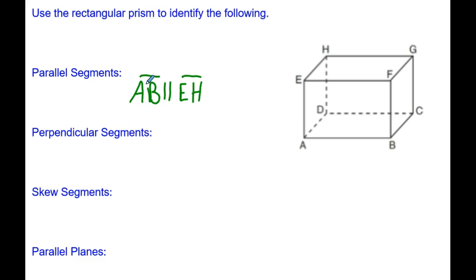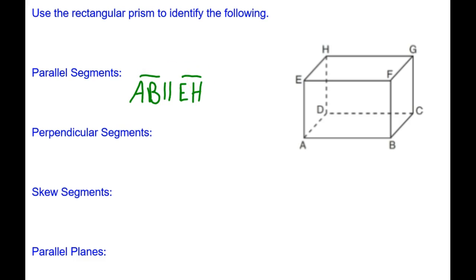If we were referring to two parallel lines, for instance, if EH extended in both directions and AD extended in both directions, then our notation would be a line with two arrows above it, indicating that it's a line going in both directions. If you do not see these arrows going in both directions, that indicates it's a segment, which is why I did not include the arrows in this example.